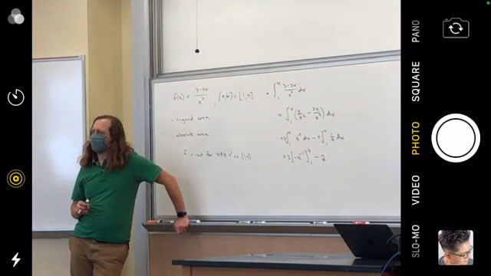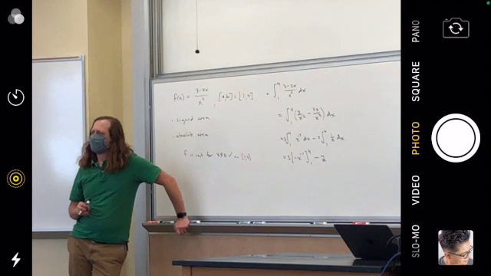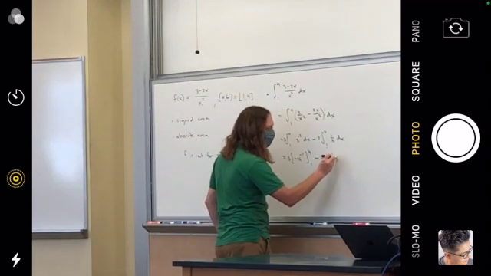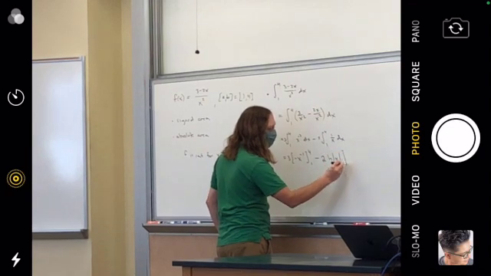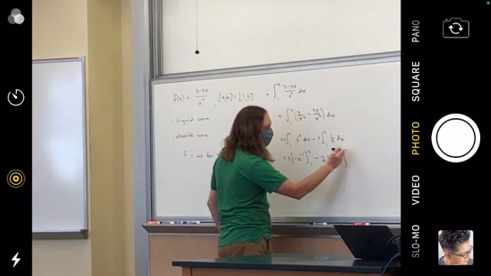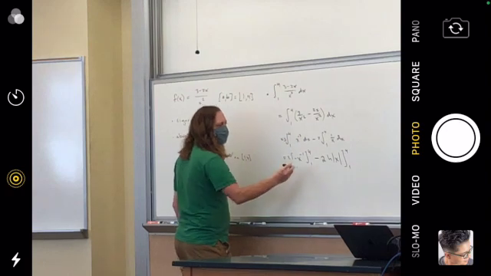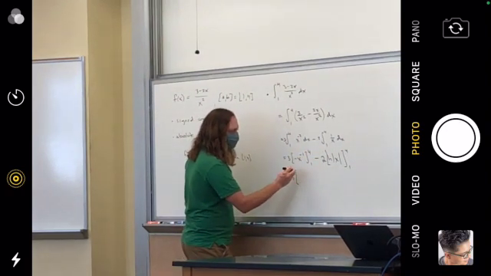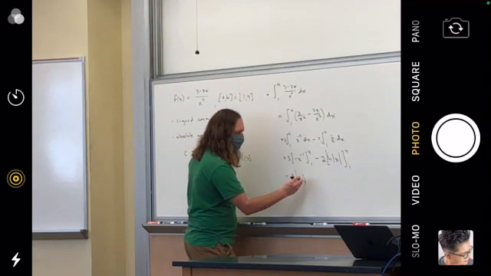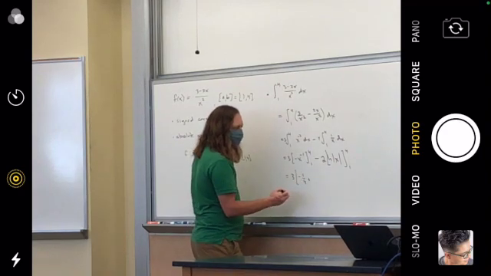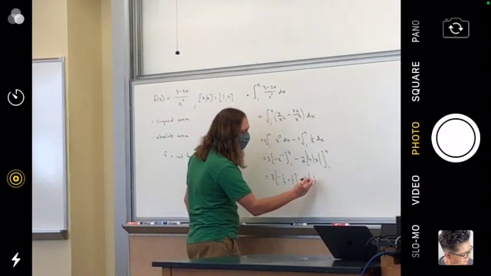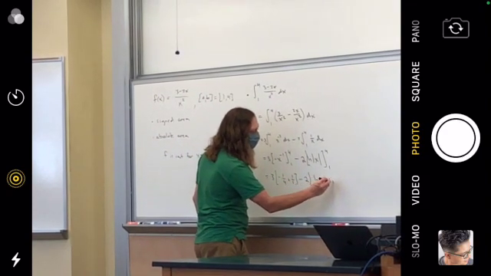What is the antiderivative of 1 over x? ln of x, that's one of the special ones, right? And I'd also evaluate that one from 1 to 4. So I end up with 3 times negative 1 over 4 plus 1 over 1 minus 2 times natural log of 4 minus natural log of 1.